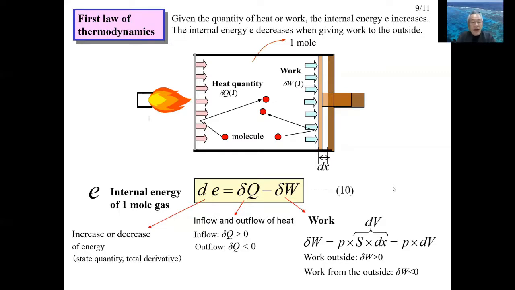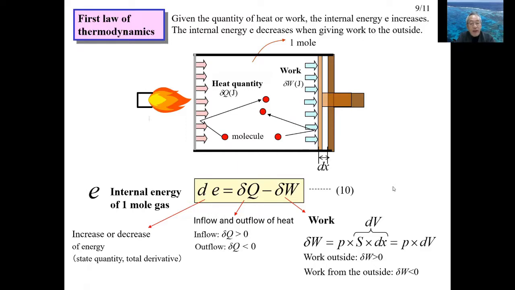The kinetic energy of the internal molecules increases or decreases depending on the inflow and outflow of heat and work. However, the value of kinetic energy is a state quantity that represents a state of the fluid, like pressure, temperature, and so on.